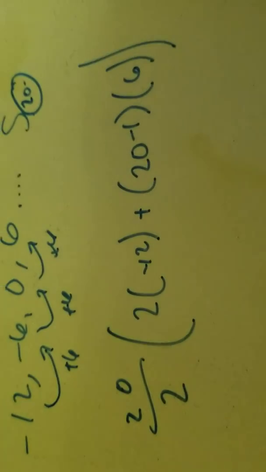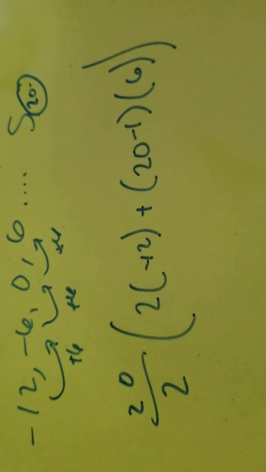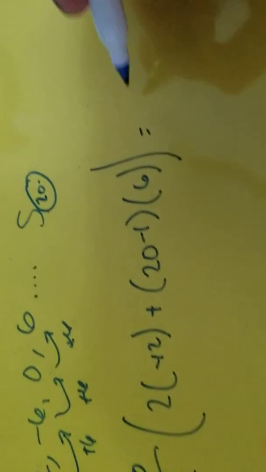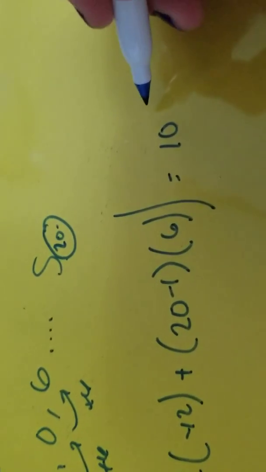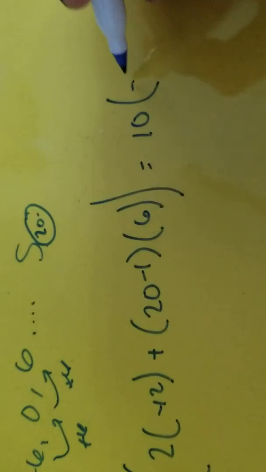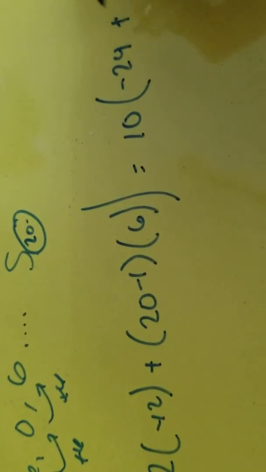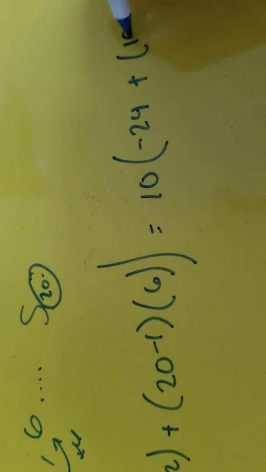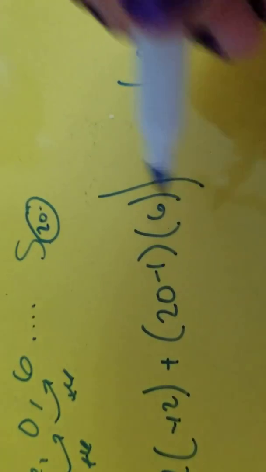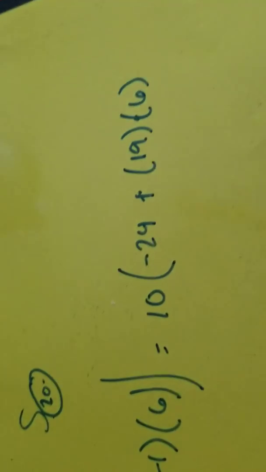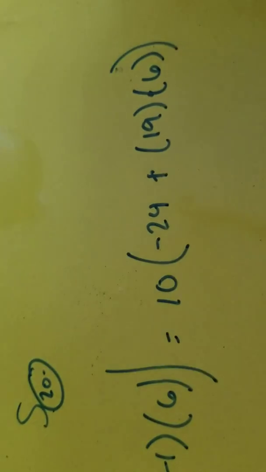So now I just have to multiply everything through, and I'll have my answer. So 20 divided by 2 is 10. 2 times negative 12 is negative 24, plus 20 minus 1, which is 19, times 6. Okay. So now I just have to multiply everything through.